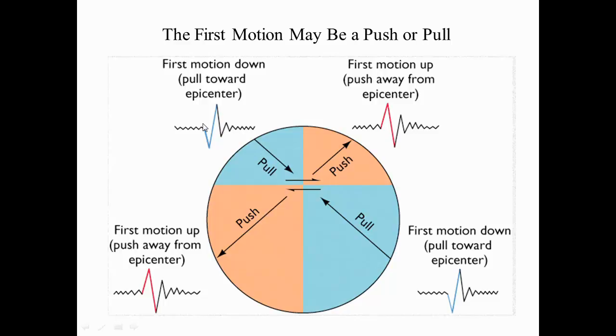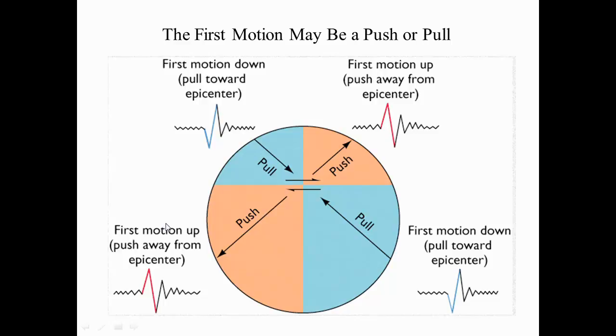Here, in the upper left-hand corner, if the first motion was downward, this would be like a pull towards the epicenter, or basically a pull away from the seismograph station. On the other hand, if you look at the lower left-hand corner, if the first motion is up, this indicates a push away from the epicenter towards the seismograph station.